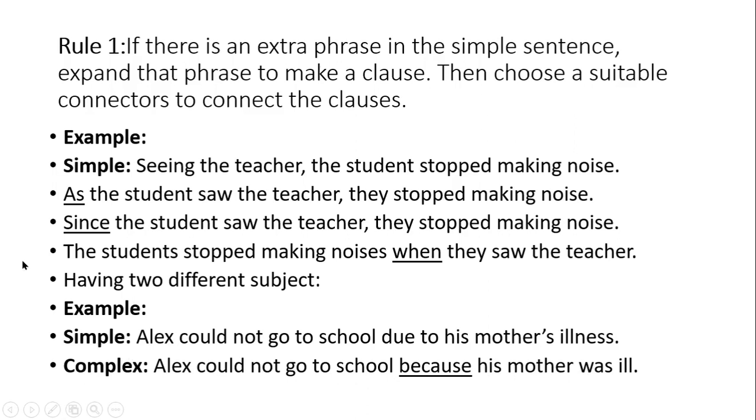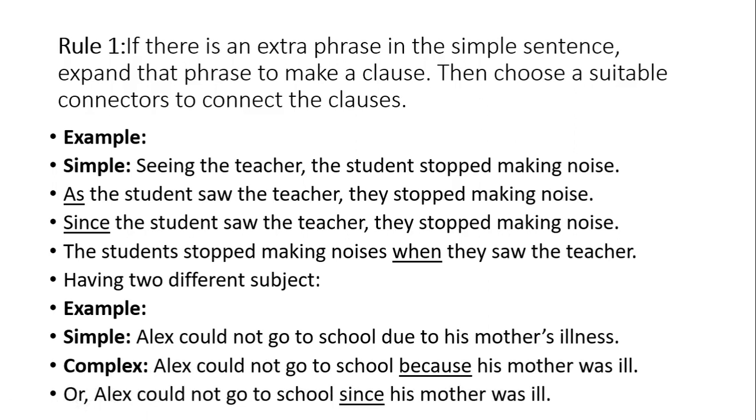When we have different subjects, as we have Alex here as the subject and his mother as another subject, we write: Alex could not go to school because his mother was ill. Or we can say, Alex could not go to school since his mother was ill.